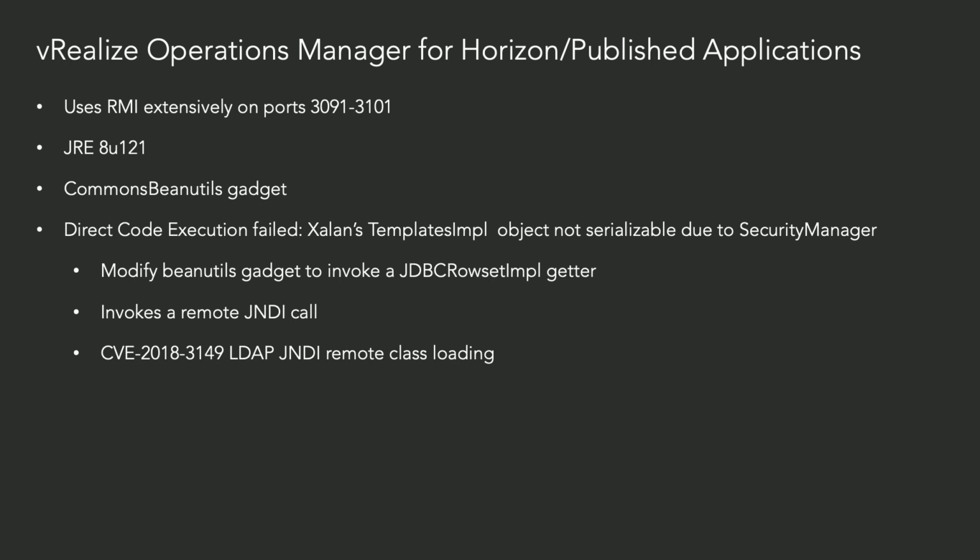It has the common Commons Beanutils gadget, but direct code execution failed because of TemplatesImpl, a class that you will find most public Java deserialization exploit gadget chains need, because it allows us to construct malicious bytecode from any Java getter or setter method call.